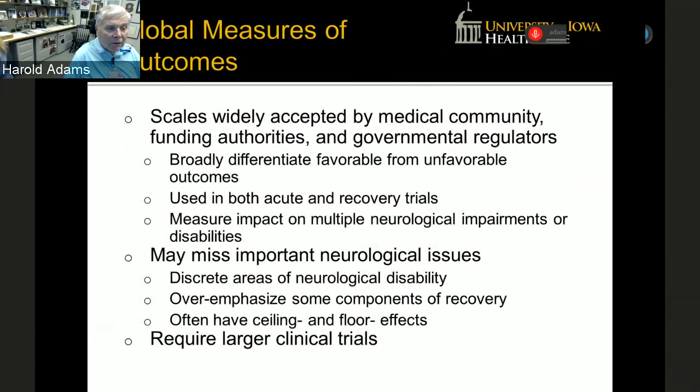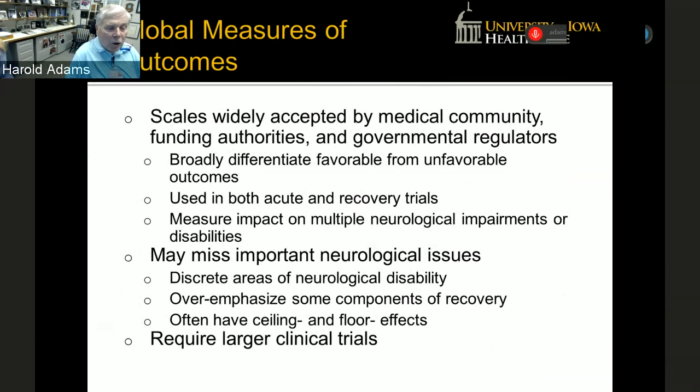Now, global outcome measures are generally used by third-party payers and the government because they will define favorable from unfavorable outcomes. These in stroke have been used in both acute and recovery trials and measure the impact of multiple neurologic impairments and disabilities.